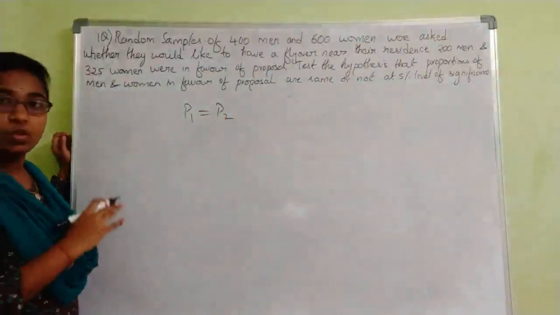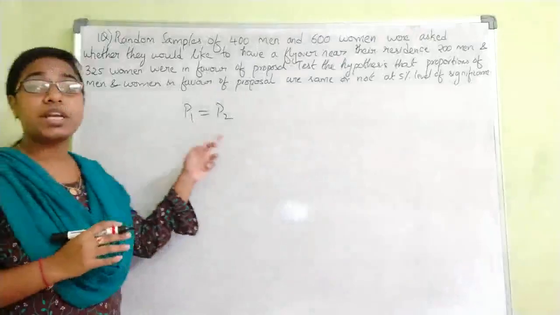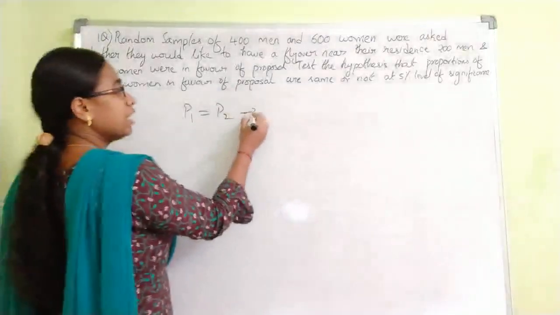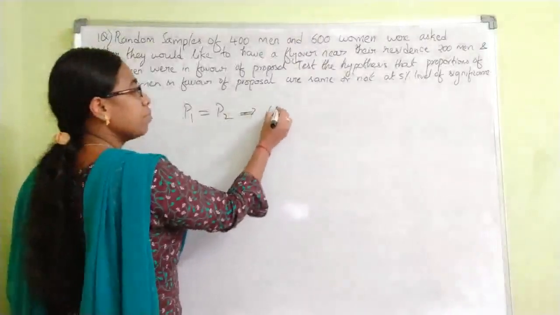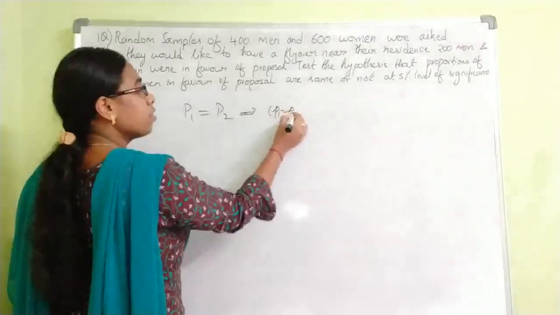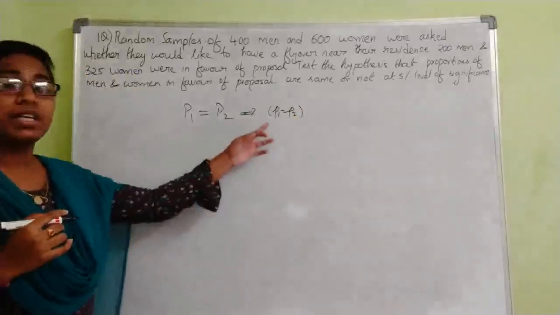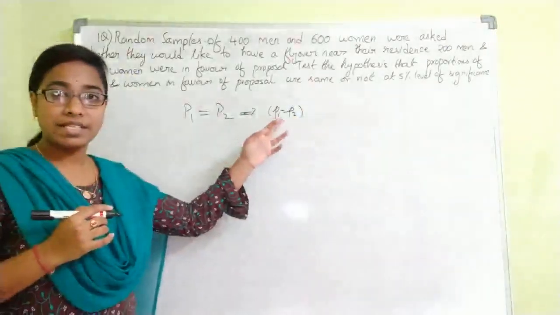Whether these two population proportions are equal or not can be tested by considering the difference of the sample proportions, that is, we are going to consider p1 minus p2 as our test statistic.